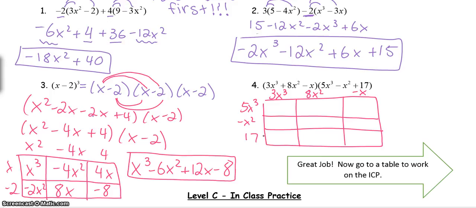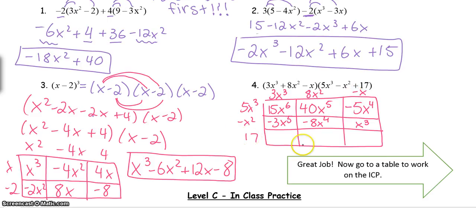So I've got, on my first box, 15x to the 6th. My second one, I have 40x to the 5th. And my last one, negative 5x to the 4th. Then I've got negative 3x to the 5th, negative 8x to the 4th, x to the 3rd. That's a positive x because I had negative x and negative x squared.